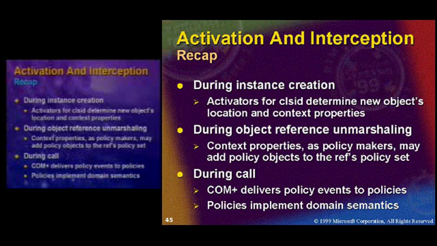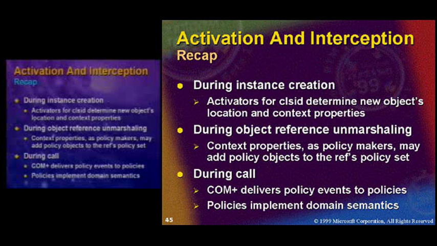Okay, so a quick recap of activation and interception. Hopefully this kind of made sense. During instance creation, the activators for a particular class ID determine the new object's location and the context properties. Activation, object creation.